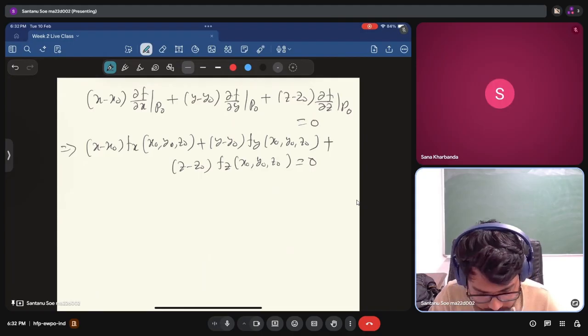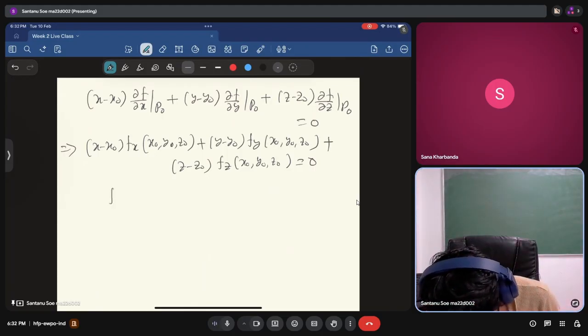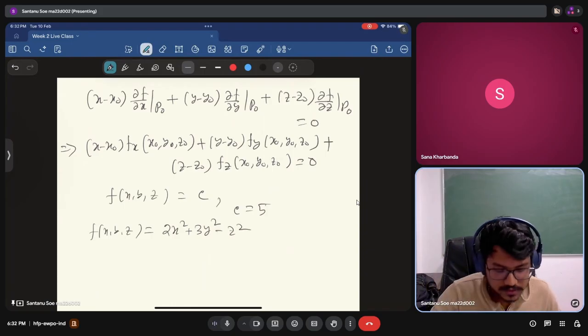Yes, sir. Okay, so now the function is given by f of x, y, z equals c, right? Yes, c was 5, and f of x, y, z was 2x square plus 3y square minus z square.